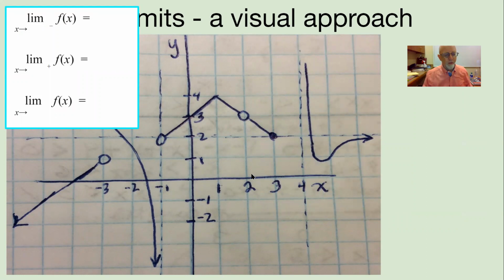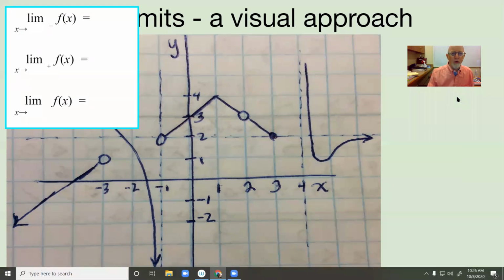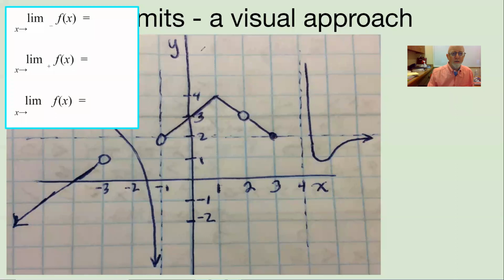So I'm sure we talked about -3 in class. Let's take a look at -1. So the limit in general, what we're looking at is the limit as x approaches some number. So this is like where, right?